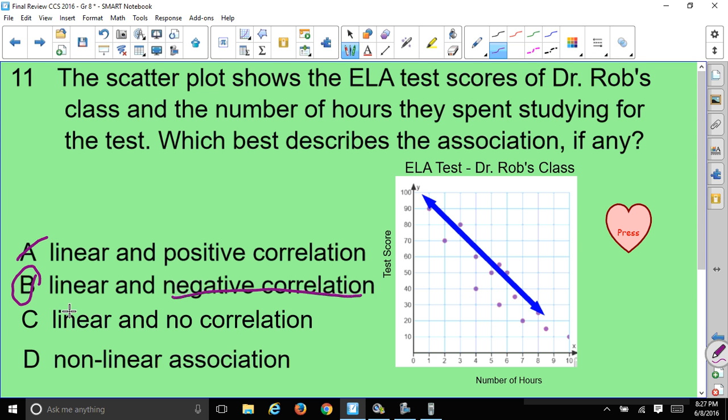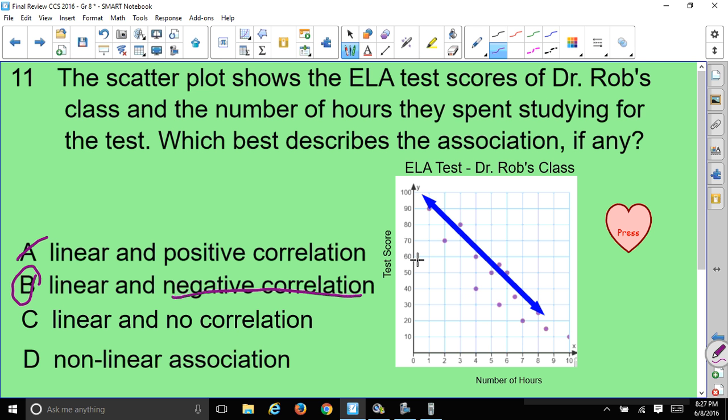Let's take a look at the others. Linear and no correlation. No correlation would be where the dots would resemble just straight across horizontally, and there's no relation just going straight up and down in the middle. So there is no relationship going on between them.